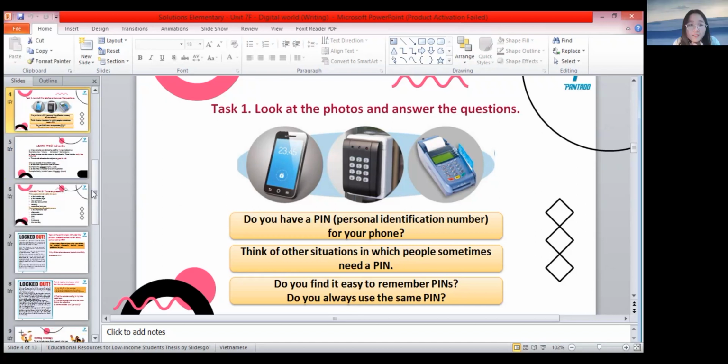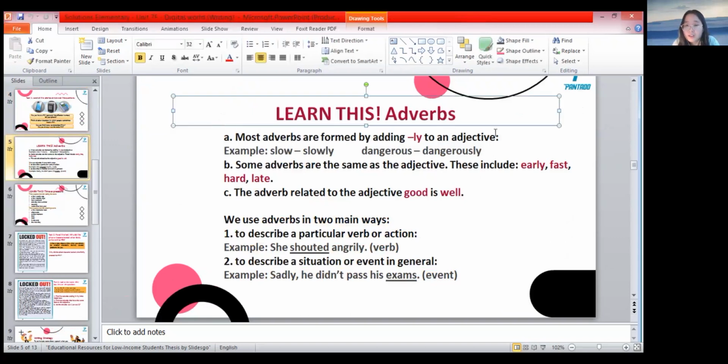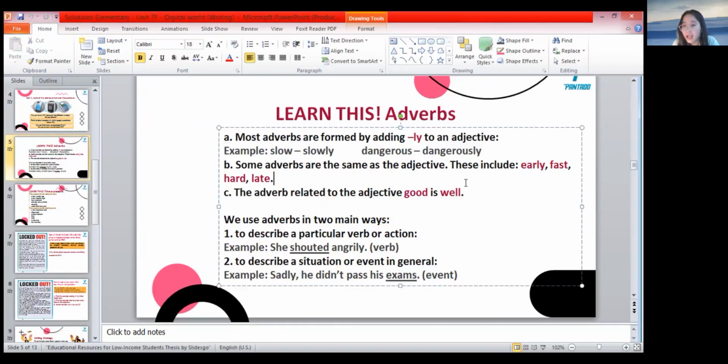So that is the first activity, just asking and answering some questions. Okay, move on to the next one, which is the grammar part. Now we're going to learn adverbs. Do you know what adverbs mean?